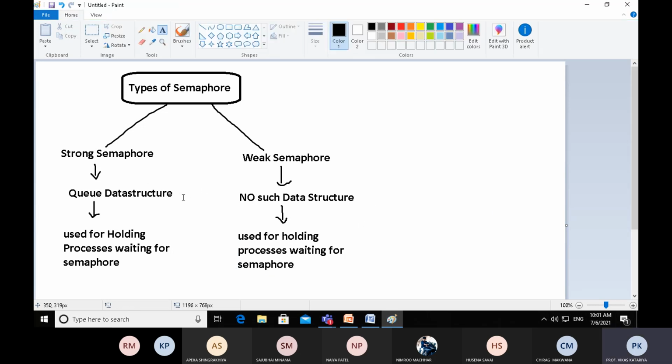So there is a slight difference between strong semaphore and weak semaphore. If there is a data structure used for handling the processes waiting for the semaphore, then it is called a strong semaphore. And if there is no data structure used for handling the processes waiting for the semaphore, then it is called a weak semaphore.